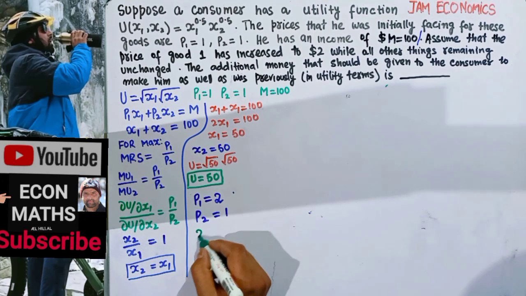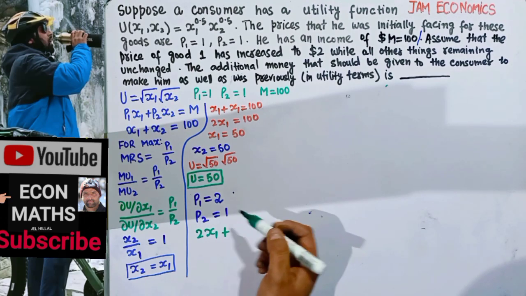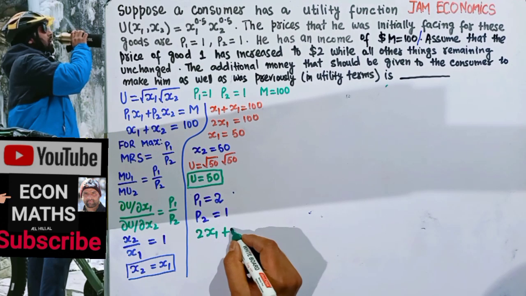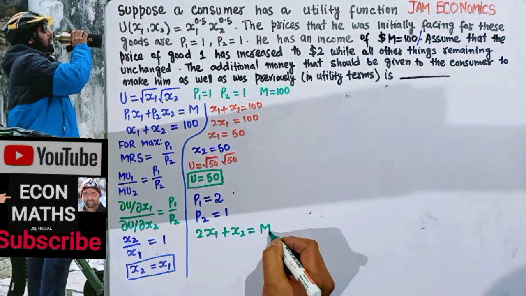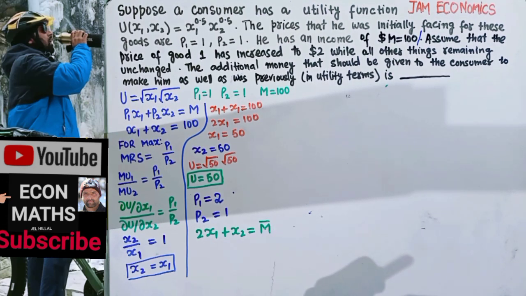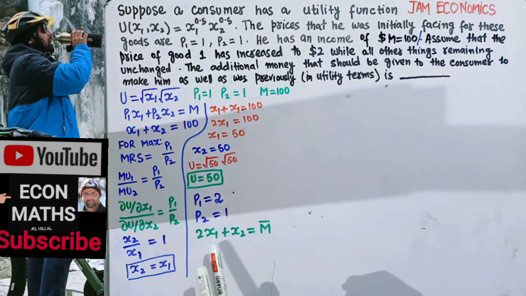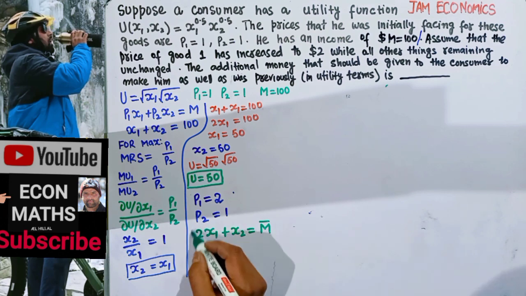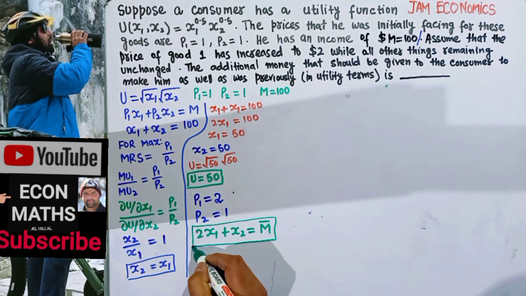P1 is 2, so I can write 2 times x1 plus price of good 2 is same, so we can write x2 should be equal to m bar. Why? It will not be equal to 100 because the price of good 1 has changed. This is our new budget for the consumer.